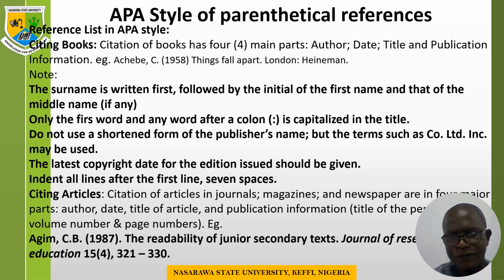After the title, then the source, the journal that contains the article must be written in italic form, followed by the volume number and the issue number in bracket, then comma, and the pagination of the article.